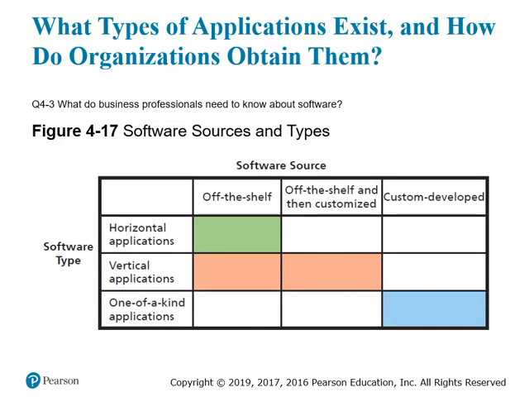There are some different software sources and types. You have off-the-shelf, then customized, and then custom developed. And we split it to horizontal, vertical, and one of a kind. One of a kind is software that's developed for a specific need. And let's see some definitions here. Horizontal market application.